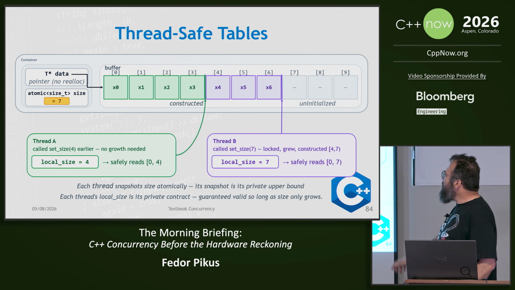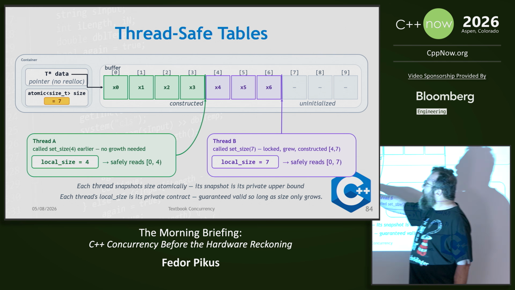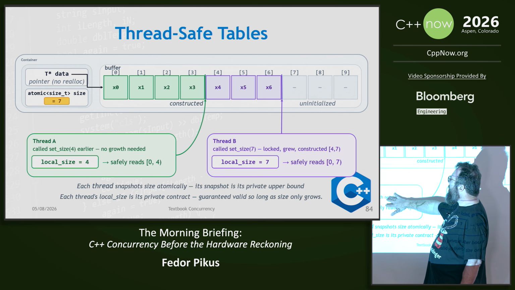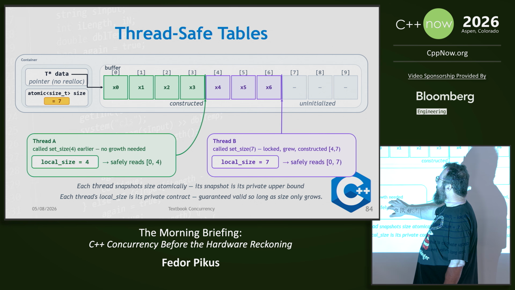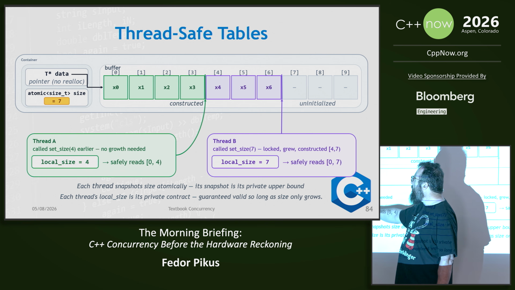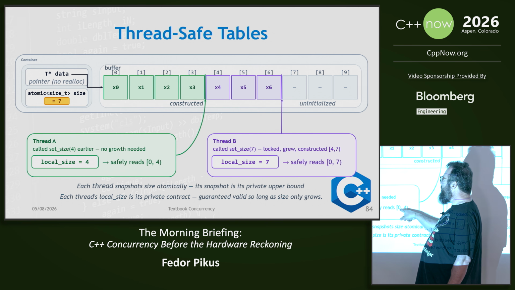Okay, so this is basically what we want. We have this array. We have an atomic int for size. If you call set size, let's say this time it didn't have to grow, but it returned 4 to you. You asked for 4, it said, okay, fine, 4. You got 4. These are safe to access.